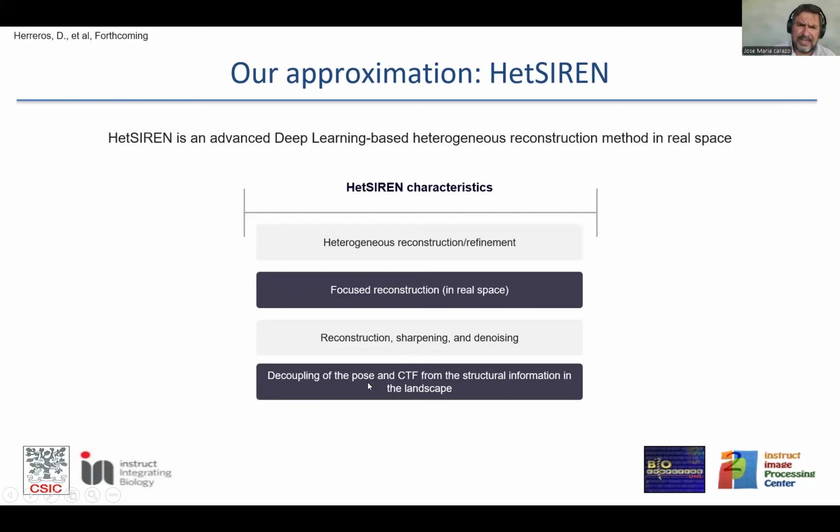For the first time, there is disentanglement of projection direction and classification, meaning that depending on where you are looking at the macromolecule, it belongs to a certain class, maybe obvious, maybe less obvious, or maybe doubtful.